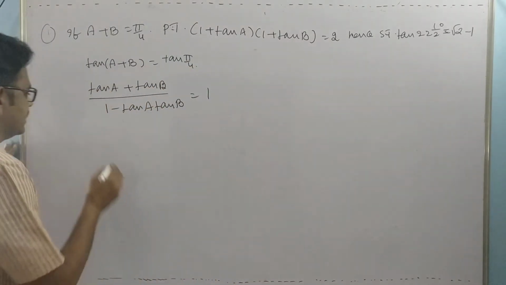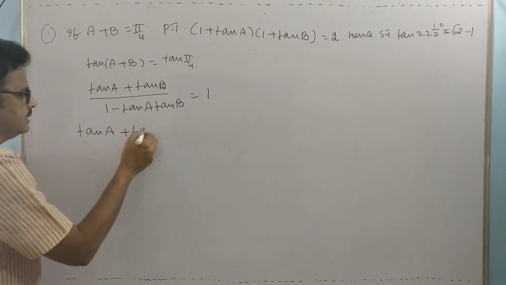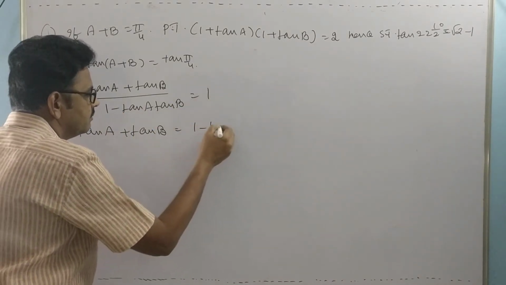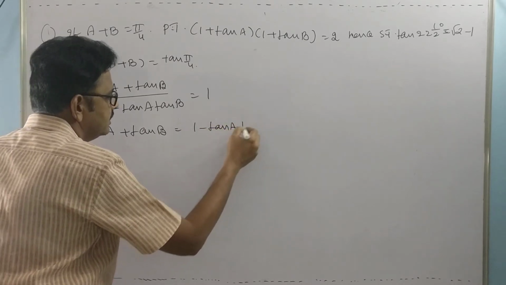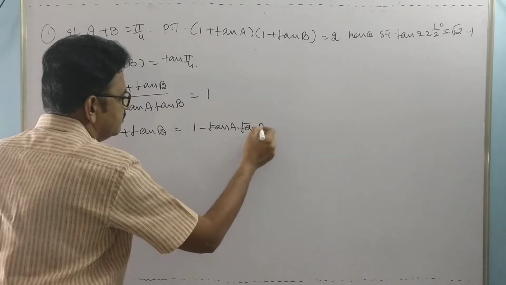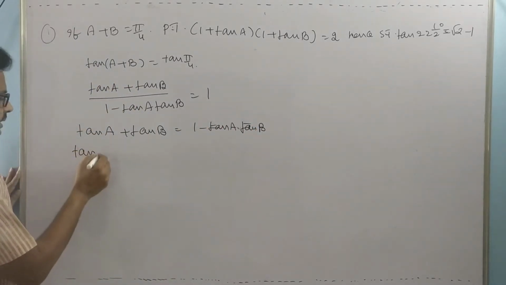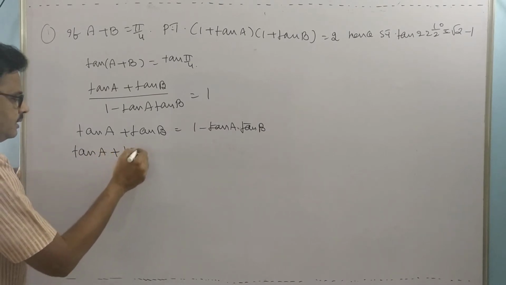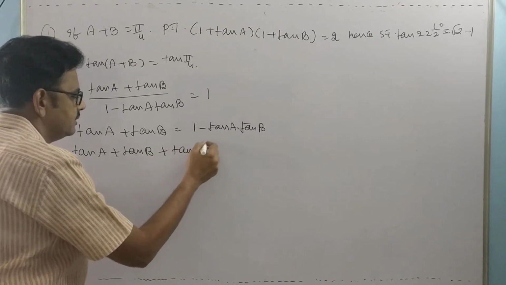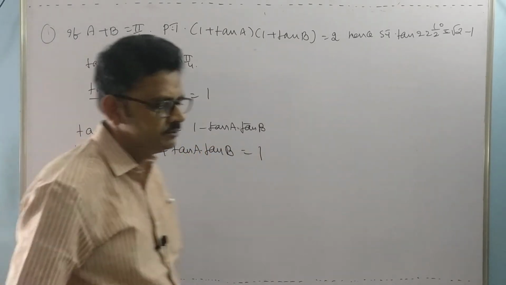Okay. Now by cross multiplication, so this is tan a plus tan b is equal to 1 into 1 minus tan a into tan b. Now take this side. So this is tan a plus tan b plus tan a into tan b is equal to 1.